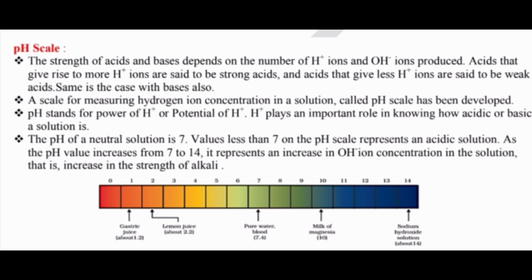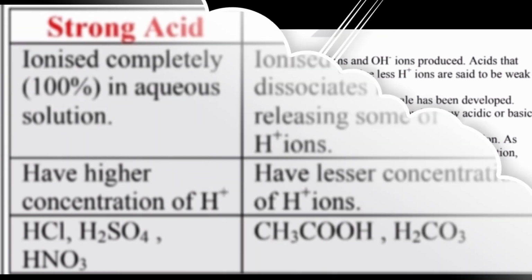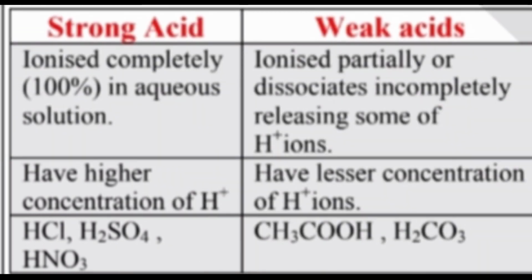That is, increase in the strength of alkali. So you can see 7 means neutral, less than 7 acidic and above 7 is basic. Now let us discuss strong acids and weak acids. Strong acids ionize completely in aqueous solution.